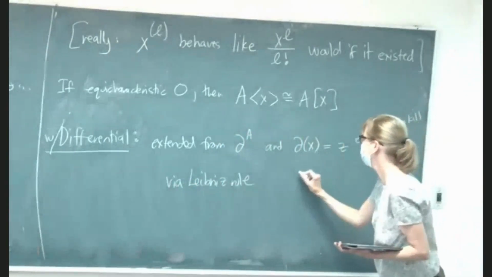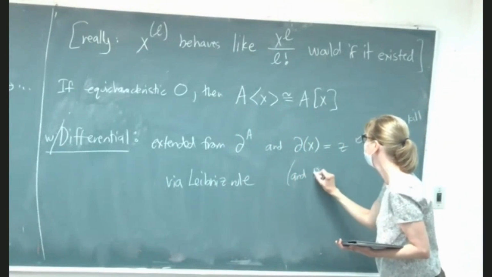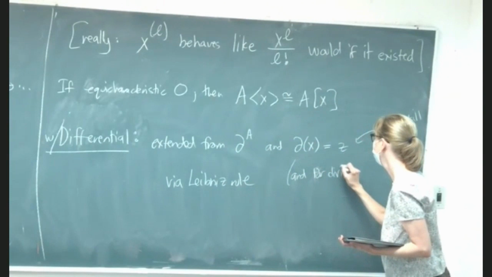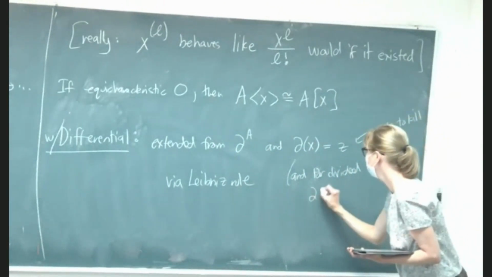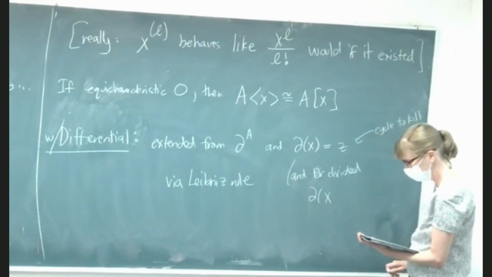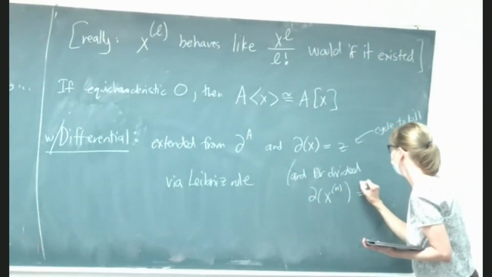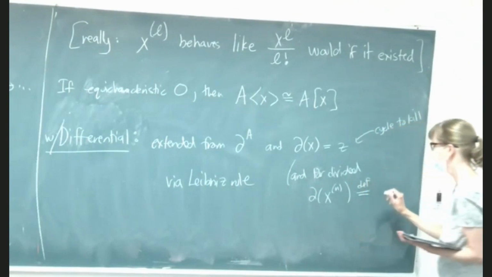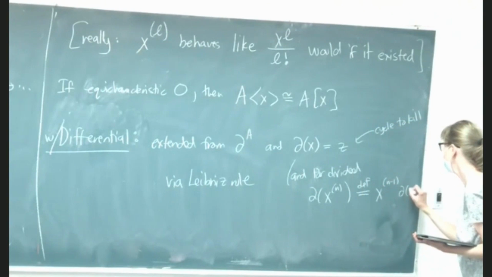And in the divided case, we also need to define the boundary of x to the n, which is not given to us: it's x to the n minus 1 times the boundary of x.